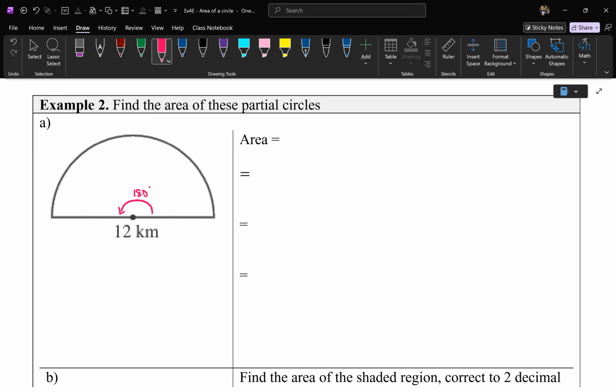Let's go with Hao-Xuan. Area of a circle was? Or is? It's on the front page. We literally just wrote these notes. Oh, you didn't write it down, did you? Ah, all right.